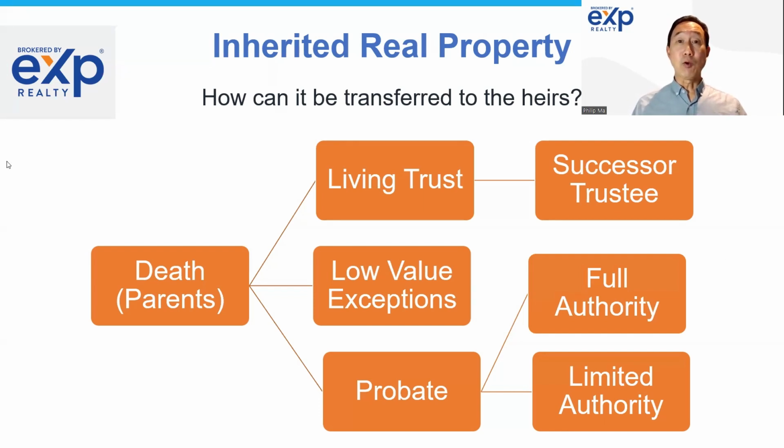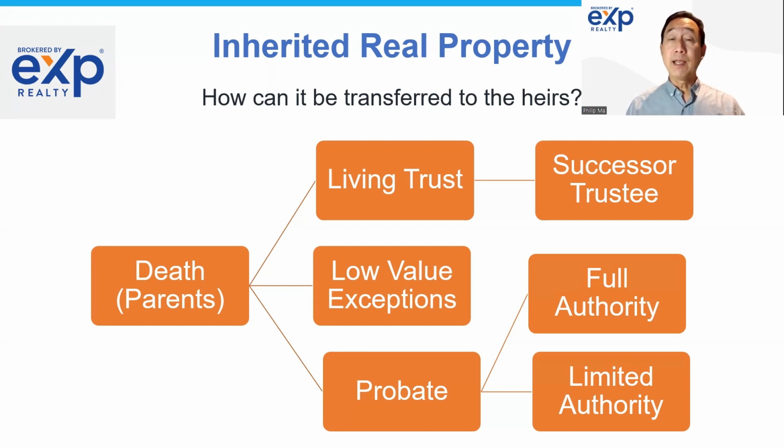The final category of inheriting real property is the probate process. Now, there's 2 types of probates: full authority and limited authority. With full authority, the personal representative of the estate has full authority to dispose of and disperse the assets of the estate.